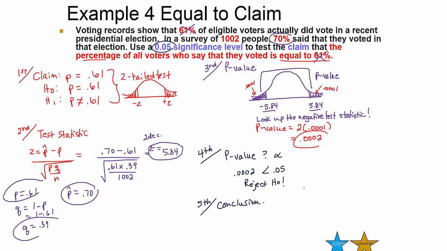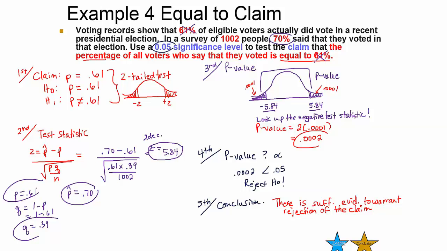Okay, so I just need to start with that statement. There is sufficient evidence to warrant rejection of the claim. So we actually did reject the claim. When we rejected the null, we threw out the claim as well.